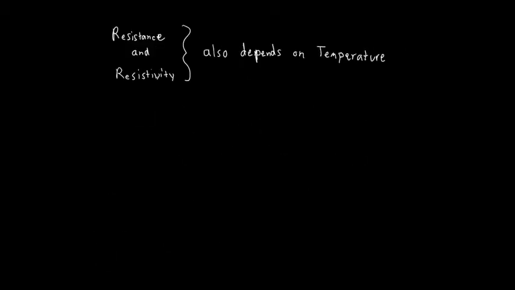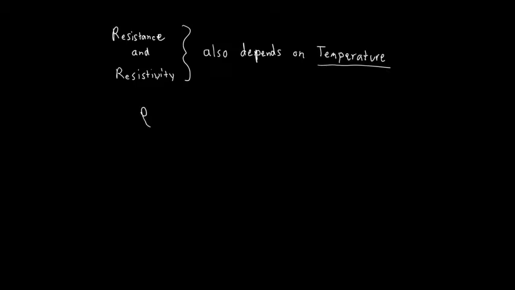And both resistance and resistivity don't just depend on the wire itself, they also depend on the temperature that they're operating within. So if you've ever had electronics, when it's cold outside, they don't work as well. That's because cold tends to increase the resistance. So if your temperature is very low, then your resistance is going to change.